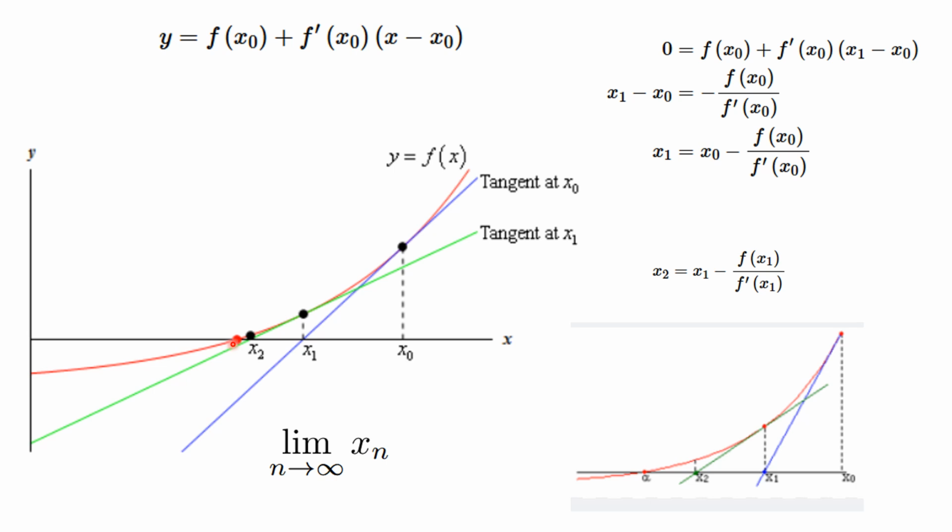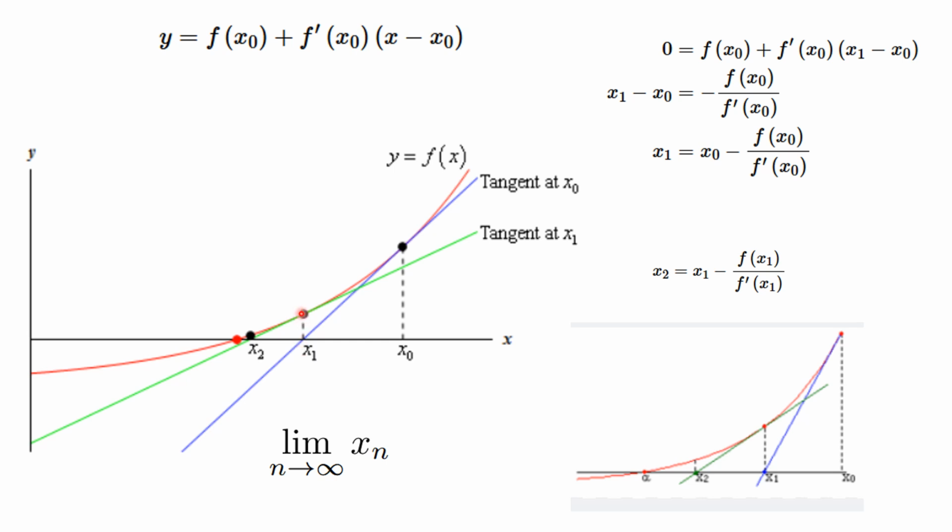But we can do that again, by drawing the tangent line to the curve, but now at x1, which was where the first approximation gave us our approximation to the red dot.